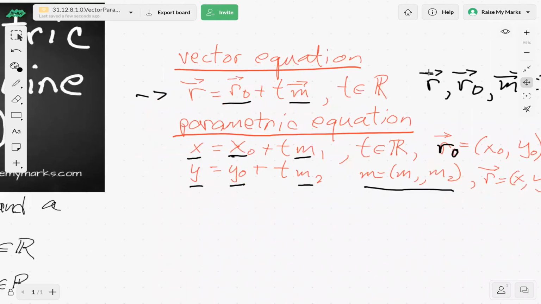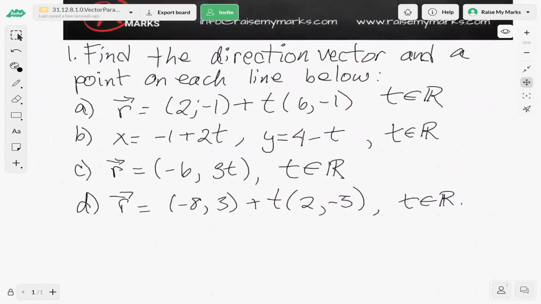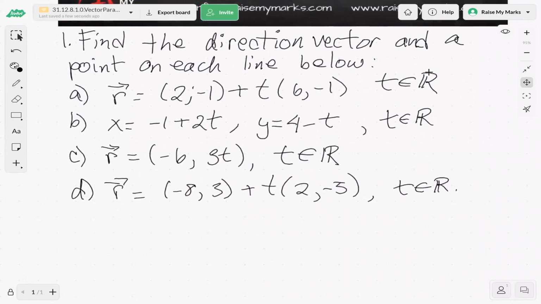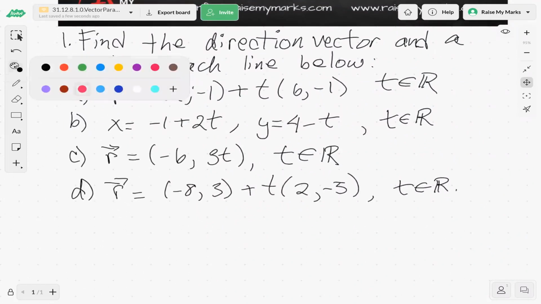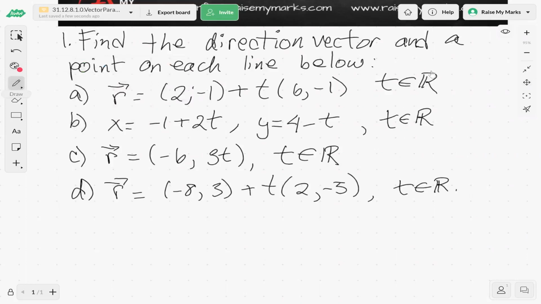So let's have a look at what questions were asked. Find the direction vector and a point on each line below. Okay, not too difficult. In part A, what form of the line is this? This is actually the vector form of the line.